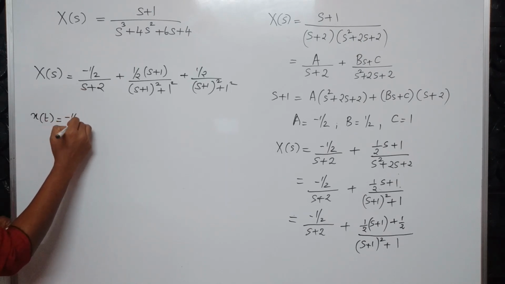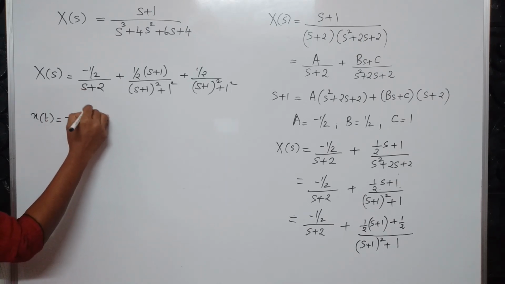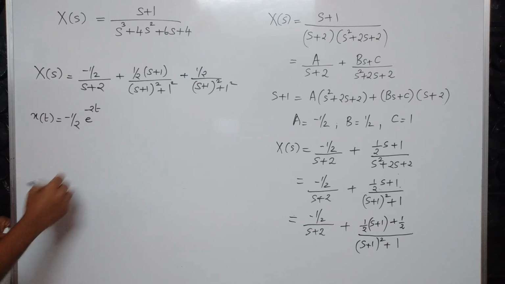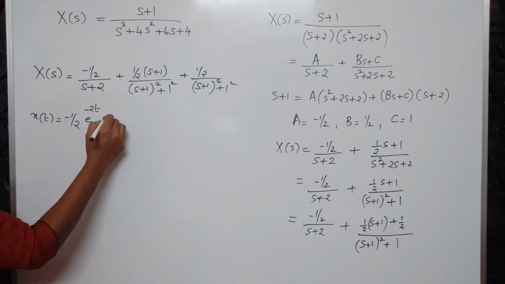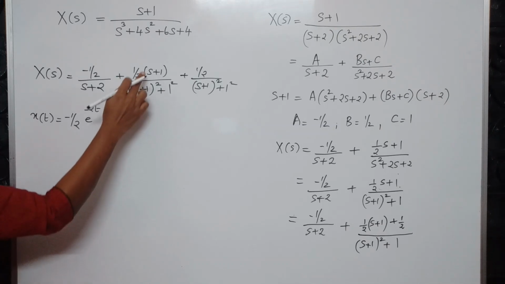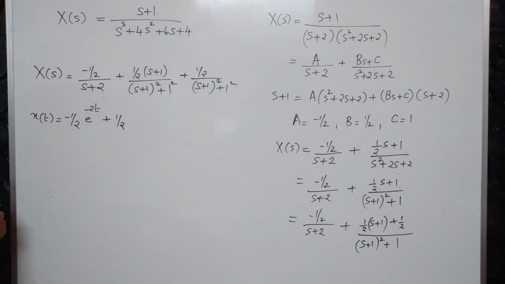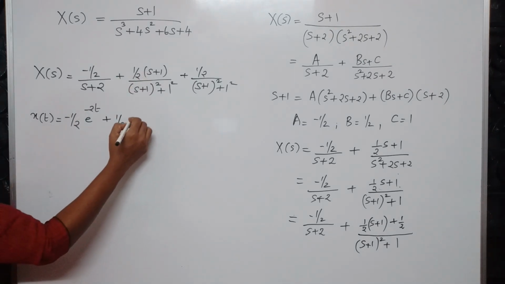This is minus 1 by 2 into e raised to minus 2t. You can write u of t or neglect it, doesn't matter. Plus 1 by 2 into, what is s plus 1 by s plus 1 the whole square plus 1 square?